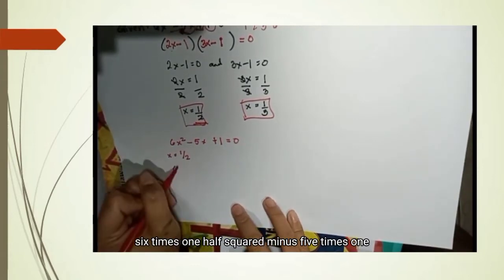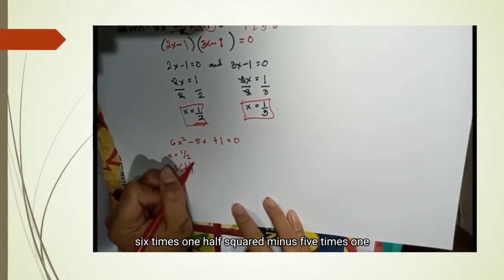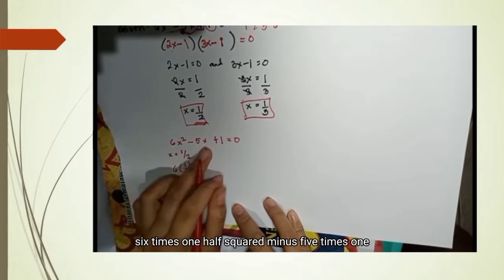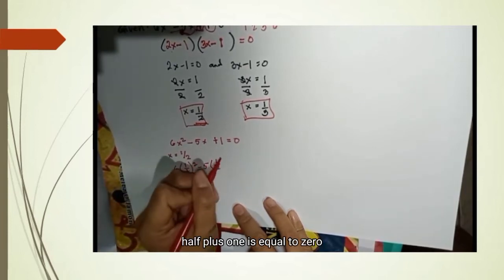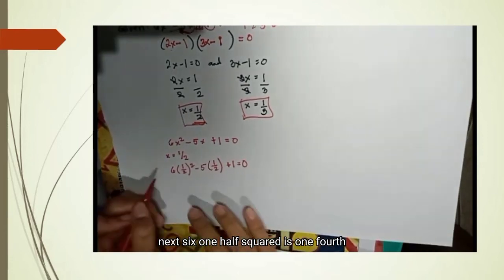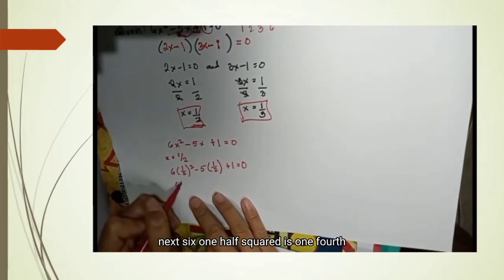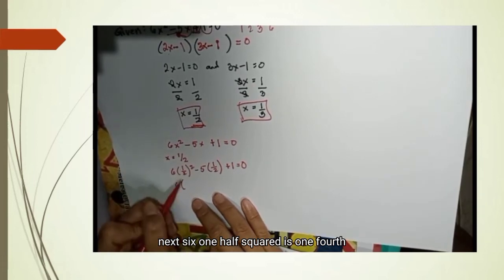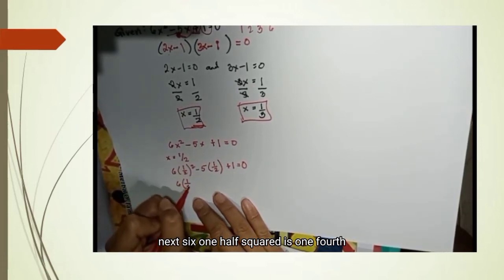6 times 1/2 squared minus 5 times 1/2 plus 1 is equal to 0. Next, 1/2 squared is 1/4.